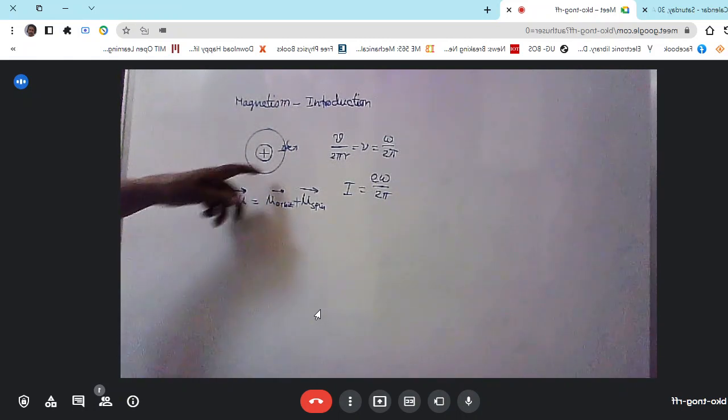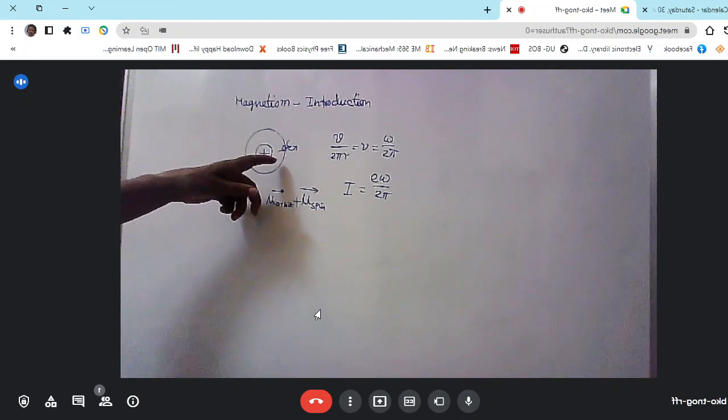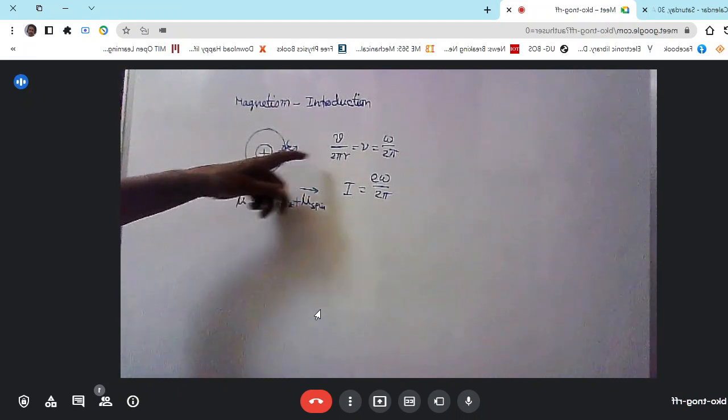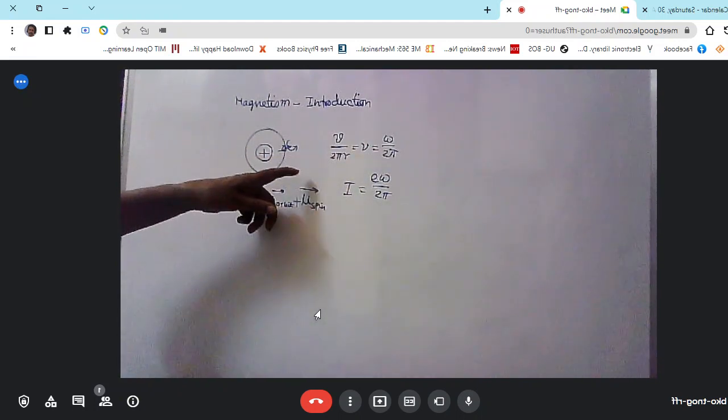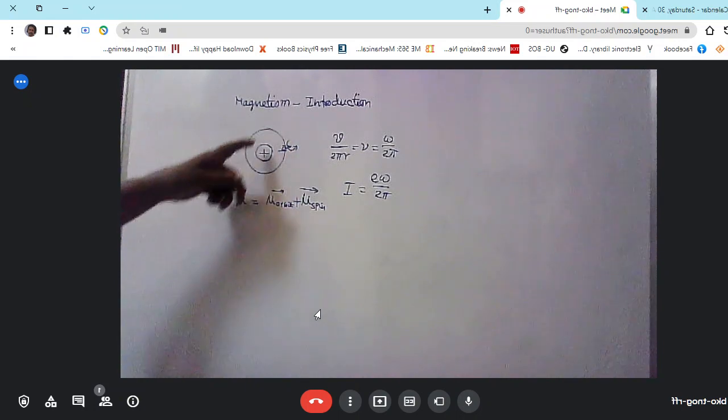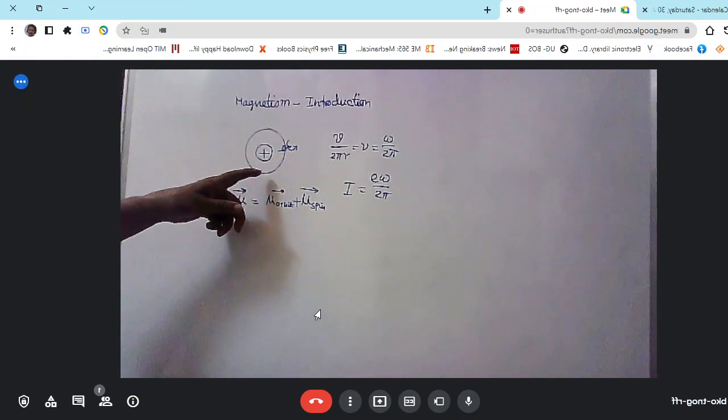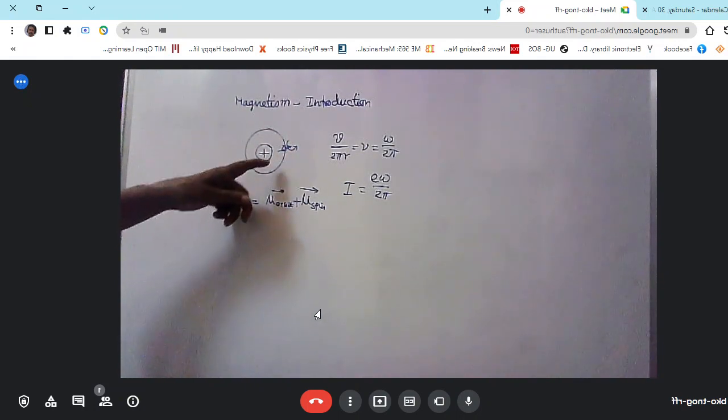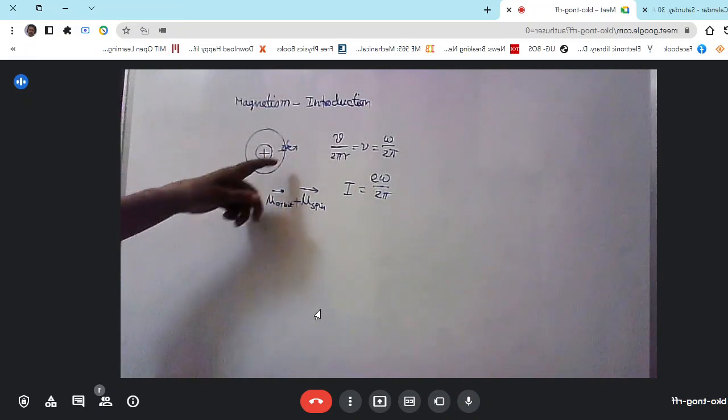Now, how much charge will cross it per second? This electron has a charge e, and it moves omega by 2 pi times in 1 second. So obviously, omega by 2 pi times a charge of magnitude e crosses the cross section. So what is the current?